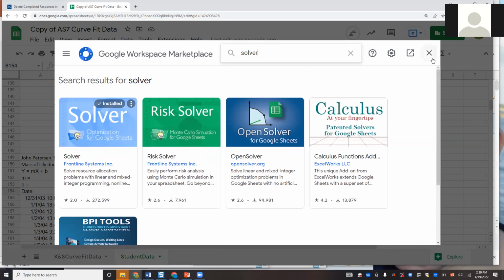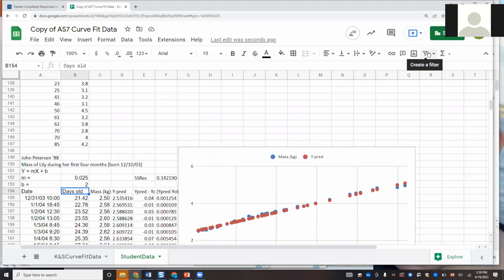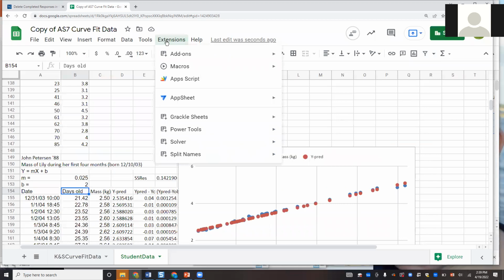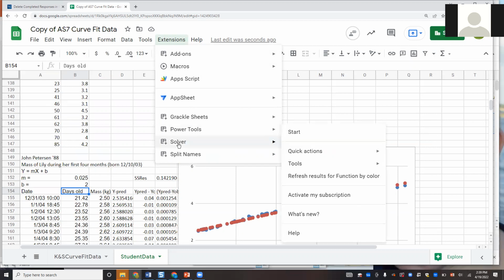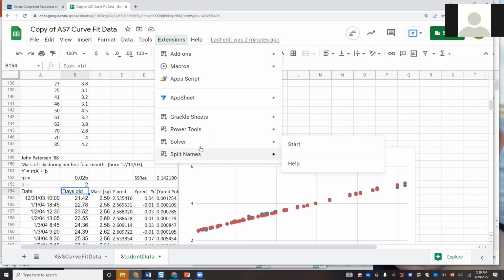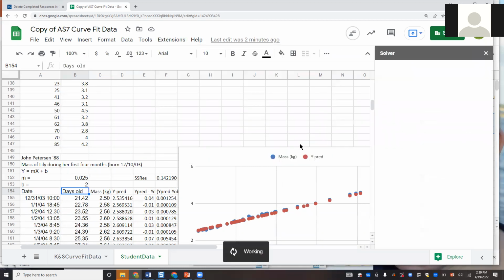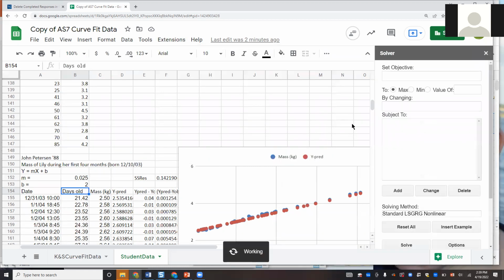Go ahead and install it. Once you've installed it, it should show up under Extensions. Go down to Solver in Extensions and click Start. It will open a box on the right, which allows you to optimize this.